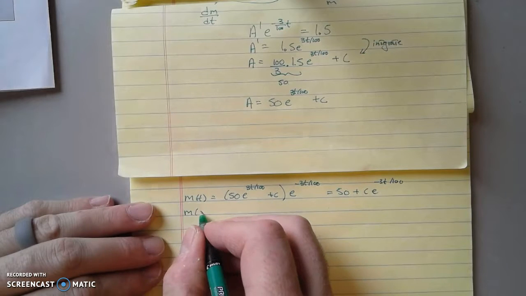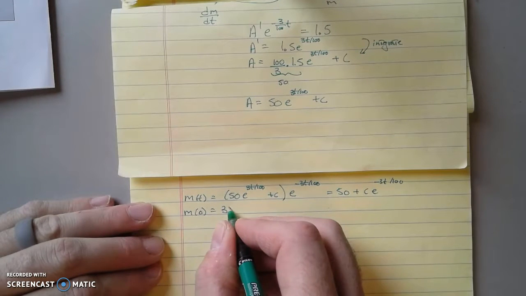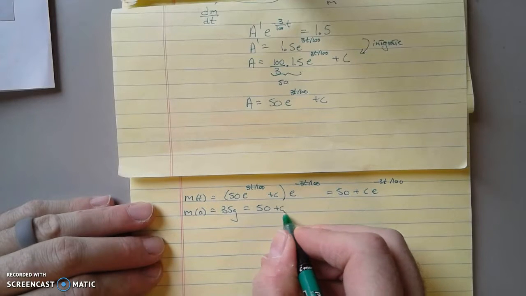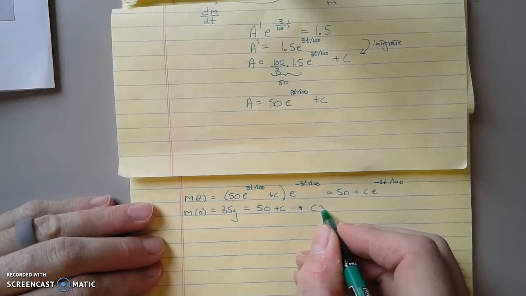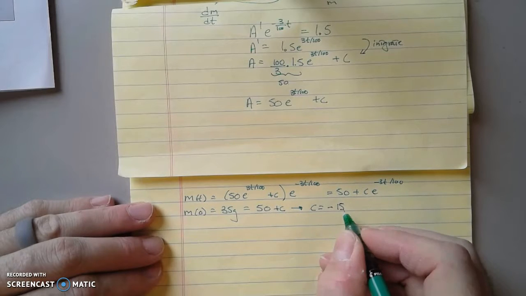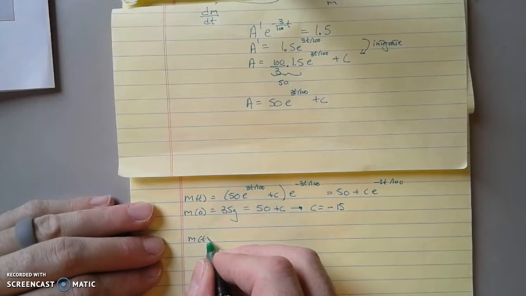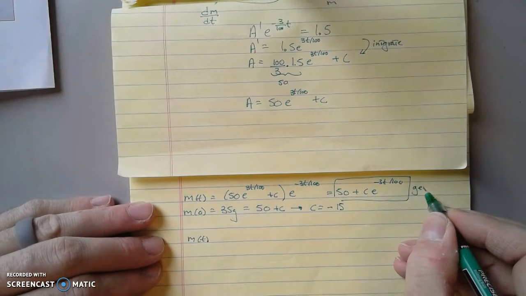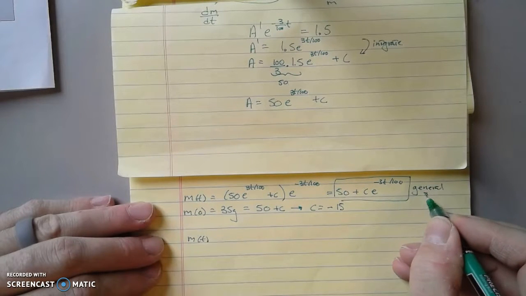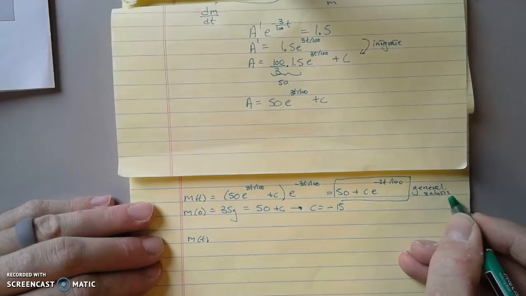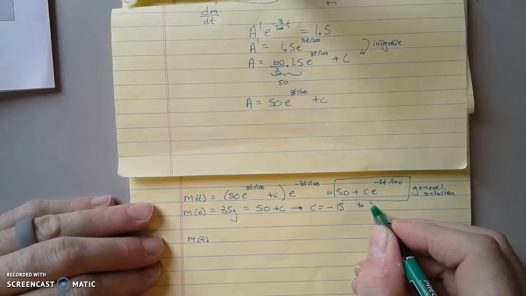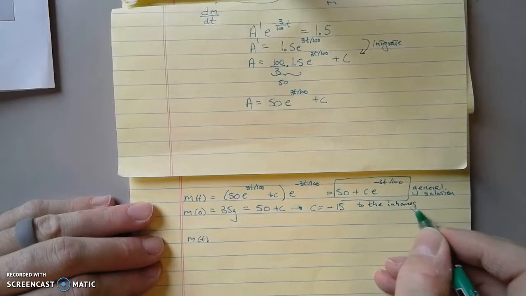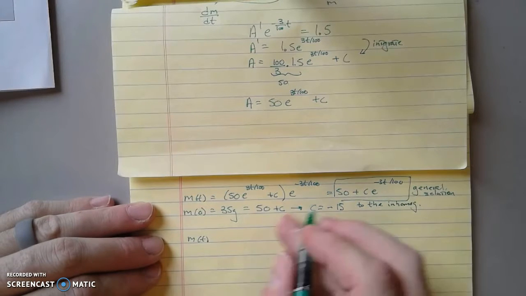Now apply the initial condition. We initially had 35 grams. So this is equal to 50 plus c. So c equals minus 15. So now, let me pause for a second. This is the general solution to the inhomogeneous equation.